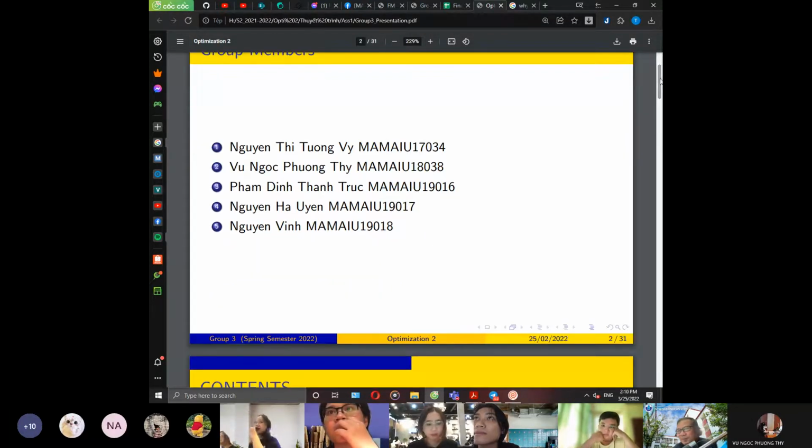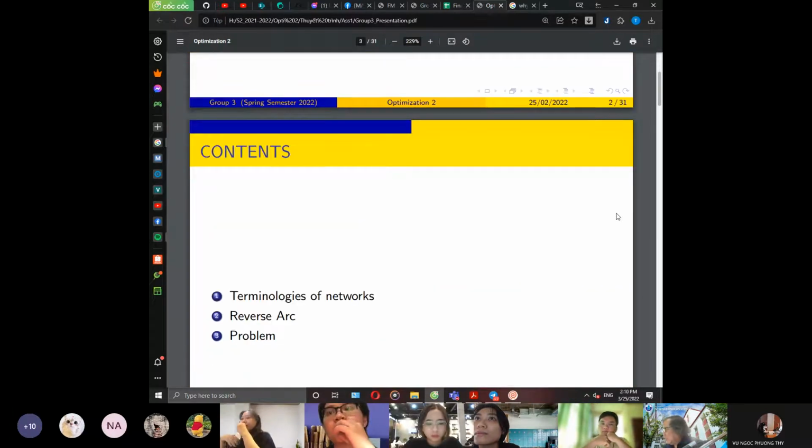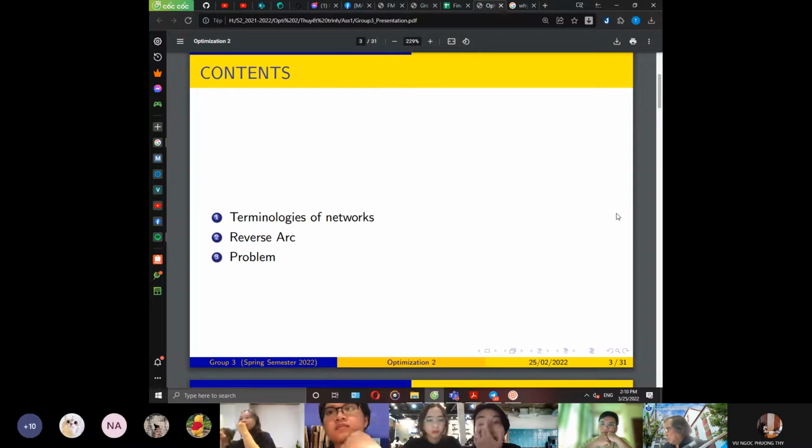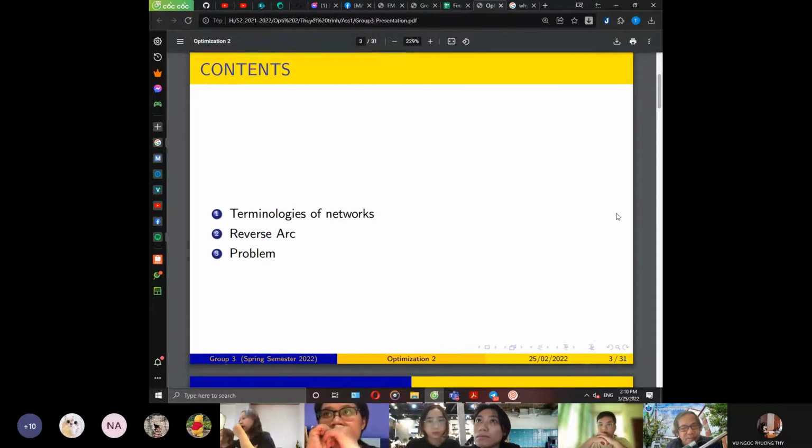As you already learned about the terminologies of a network, we will skip it and move on to the next part, which is the upper bound technique, and a smaller one within it, the reverse arc. Now I will talk about the upper bound technique.